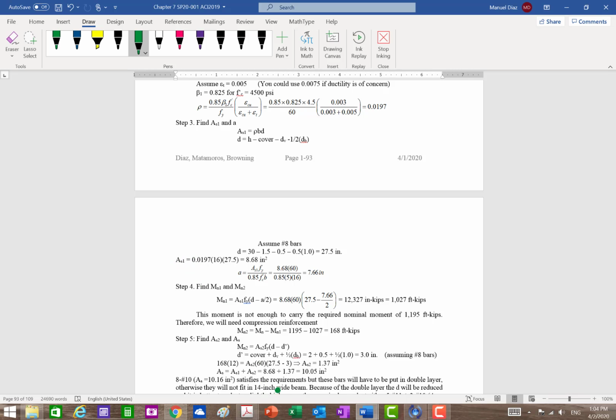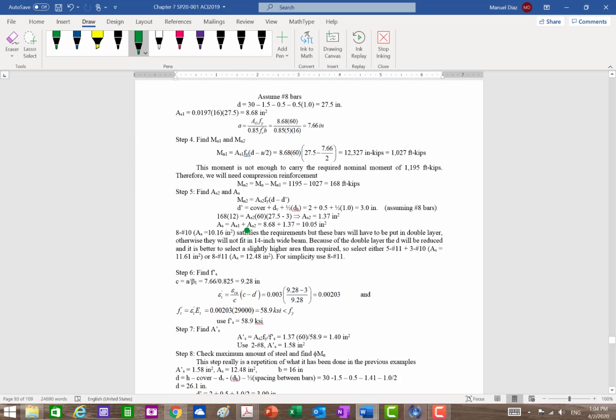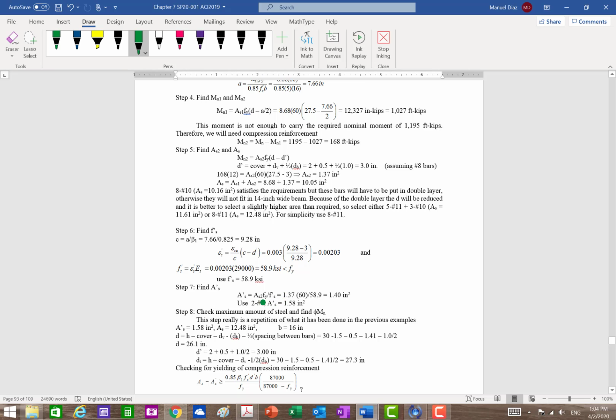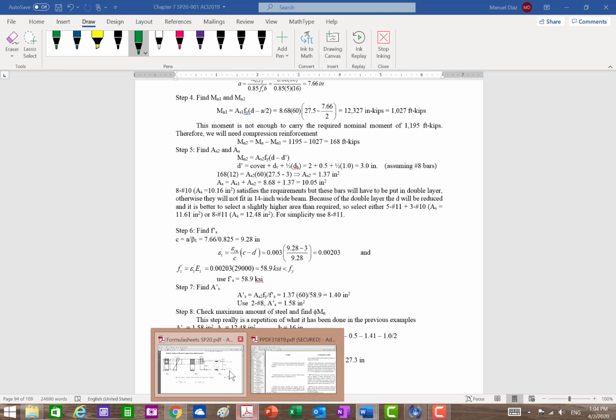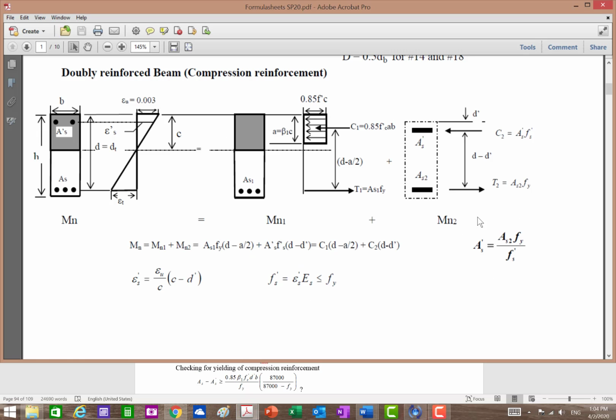You find areas after you find your second tension area. Now that you have your second tension area, you find your f prime s, and you use this equation to find your A prime s. And what equation is that? It's just simply this one right here. If it yields, this cancels, and both areas are the same.